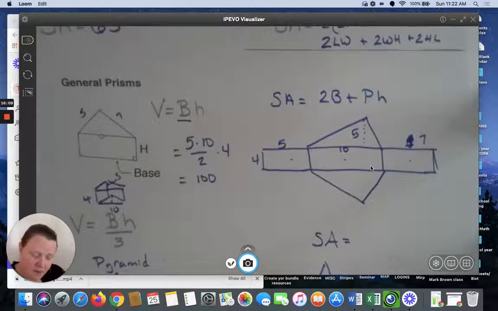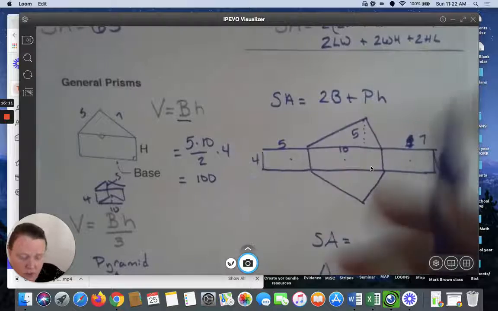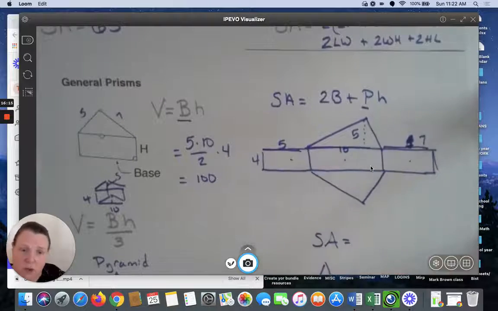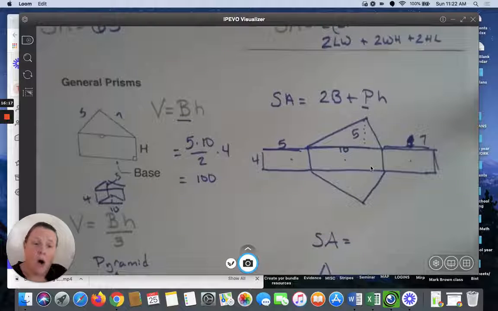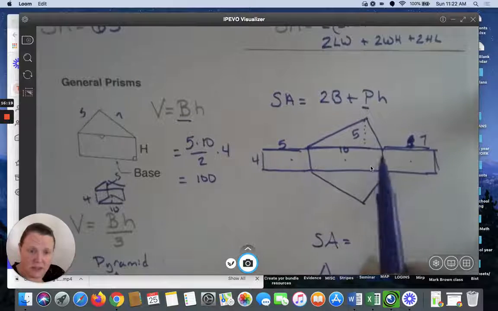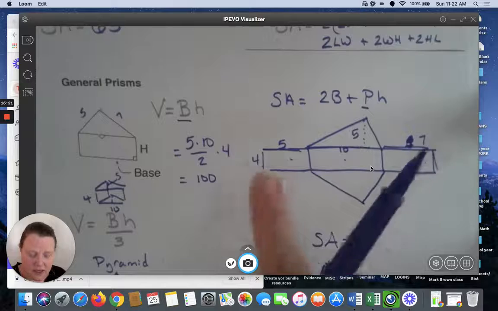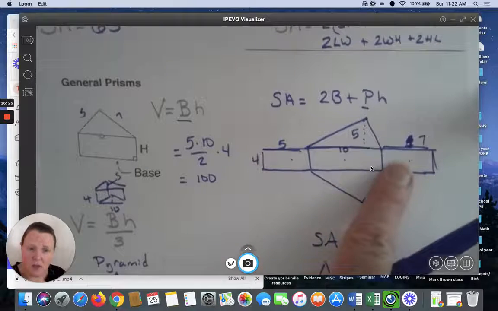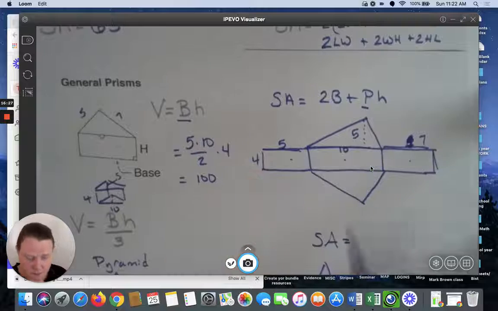But that's coming from here where I'm doing the perimeter, which is this, this, and this. So I'm essentially taking care of all of those at once and making it one long rectangle times the height of 4. So this would just be 22 times 4.